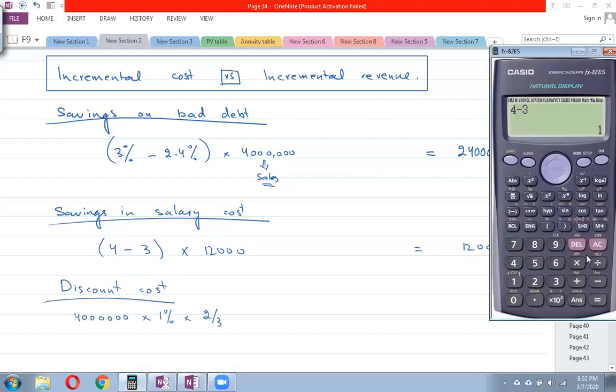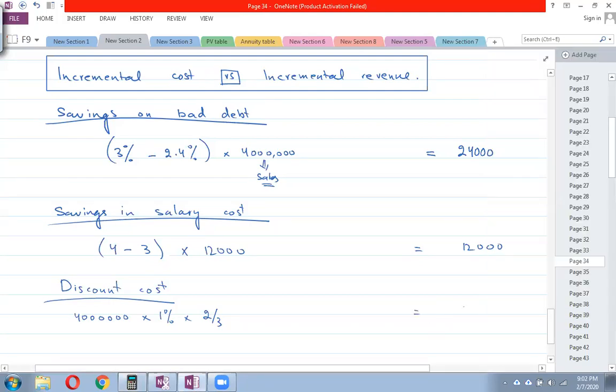So how much is the discount cost? It is 2,667. There wasn't discount cost before, and it's only after. That's why we are just considering the discount cost, right?